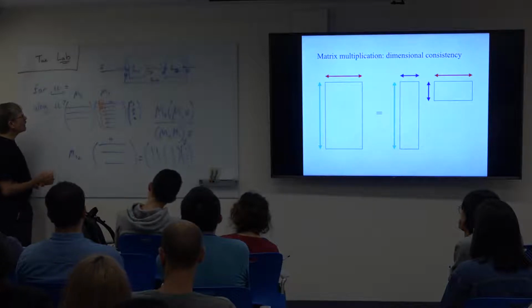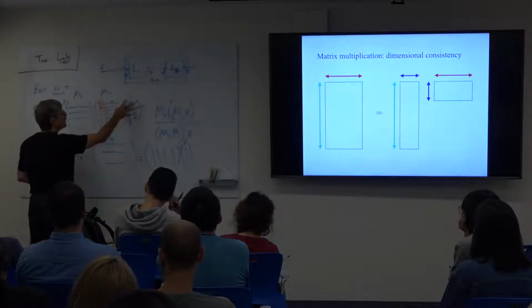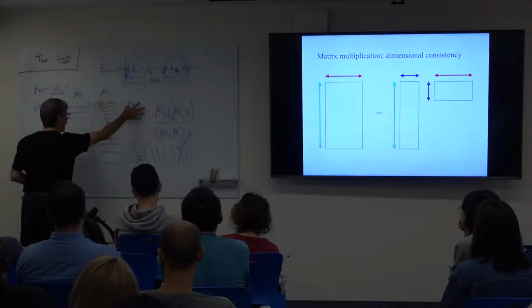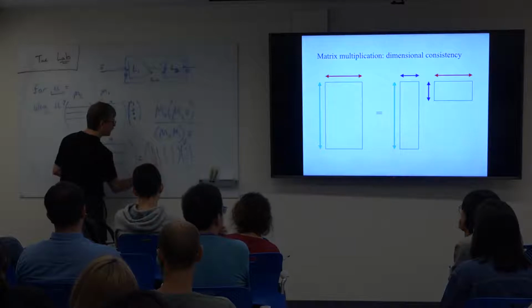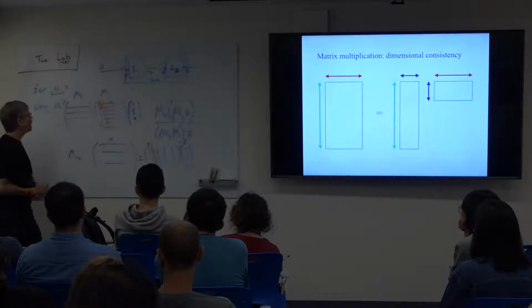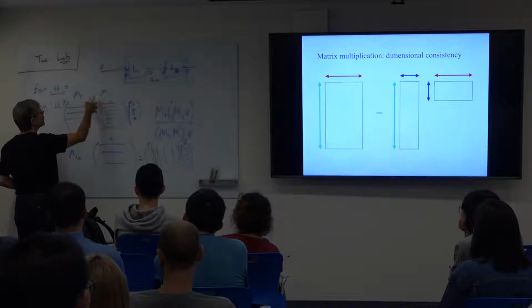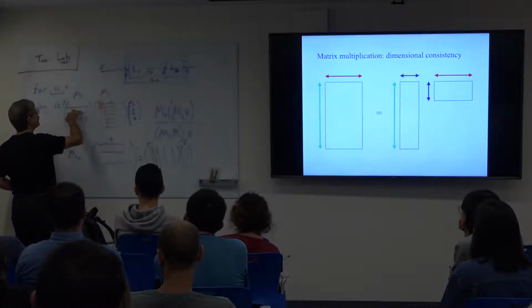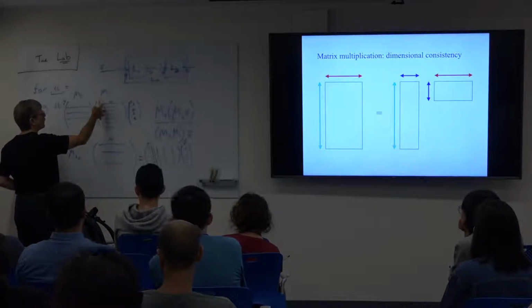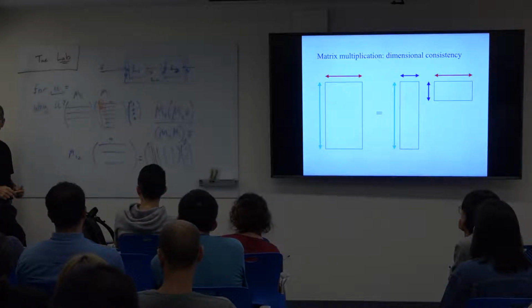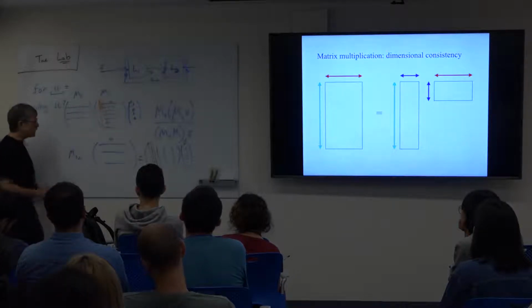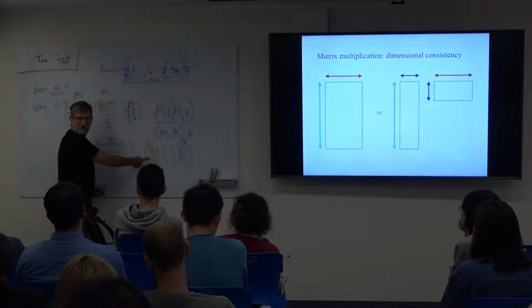So what we've just determined is if you put in this, what you get out is by doing the dot product of the first row with the first column of M1, the second row with the first column of M1, the third row with the first column of M1. It's just like matrix times a vector, except it's the first vector. So I've just determined that this is exactly the rule I told you about matrix multiplication.